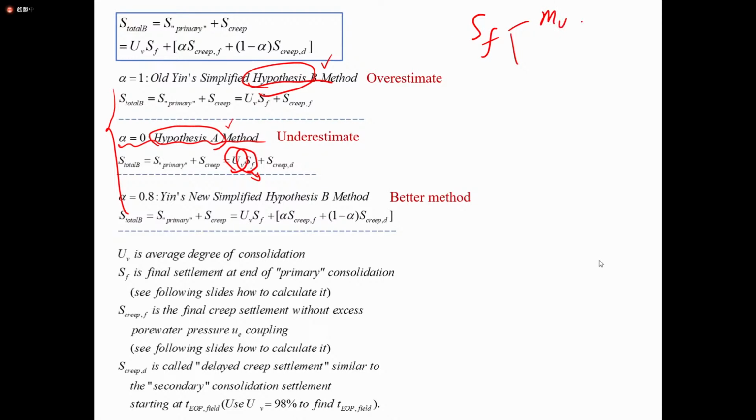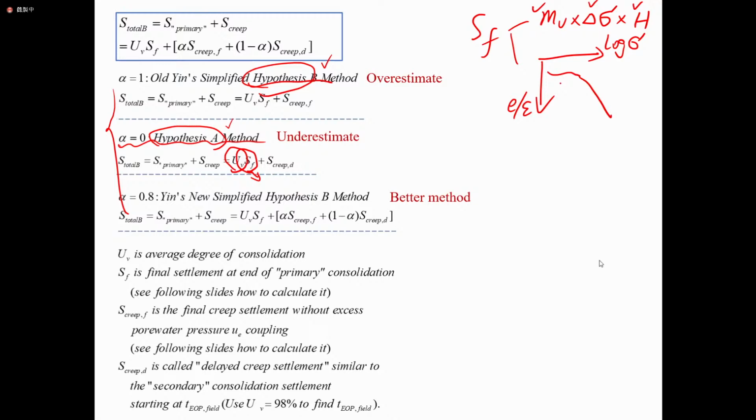One is MV multiplied by delta sigma prime, then multiplied by the thickness, right? If we know MV, we know the change of the effective stress. This is the thickness of the soil layer. Another method is from using this graph, log sigma prime and e or epsilon, okay? Both of them are okay.